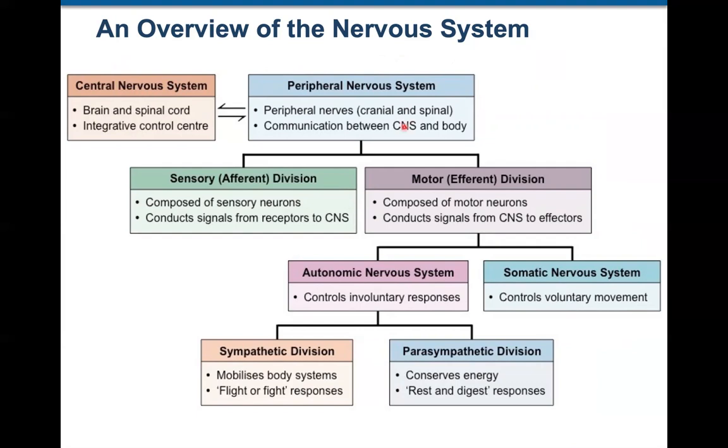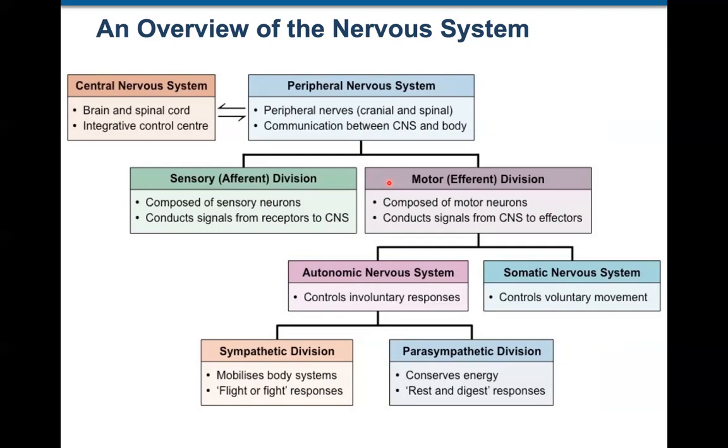This is further divided up into the sensory division, or the afferent division, that's sensory neurons, they're conducting signals from the receptors to the central nervous system. And the motor, or the efferent division, and this is motor neurons, this is going from the central nervous system to the effectors, that is, muscles and glands.